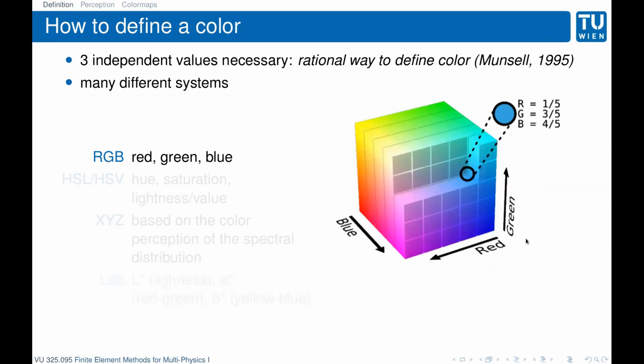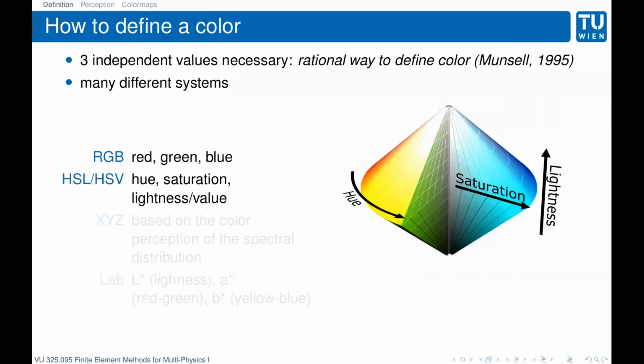And then depending on how these colors are mixed, you get the result. Another option is the HSL or HSV system, where you define the colors by hue, saturation, lightness, or value. So this is closest to the definition by Munsell. Again, here you see how the color space is spanned by these 3 values.